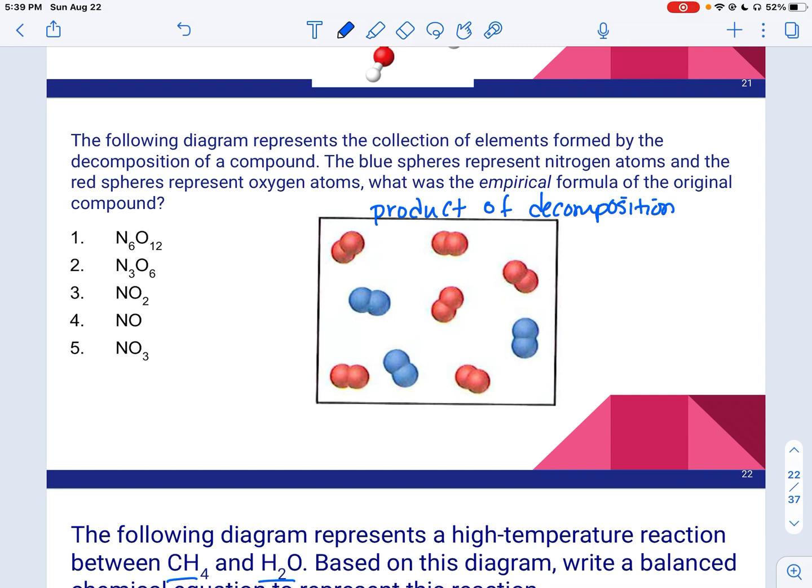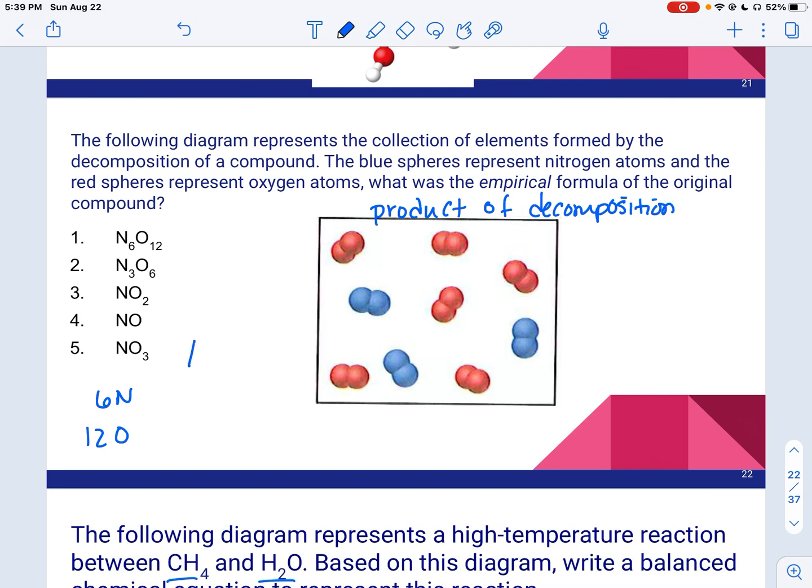So the blue spheres represent nitrogen, the red spheres represent oxygen. What was the empirical formula of the reactant? These are the products. What was the reactant? So you can count the number of nitrogens. We have 6. And the number of oxygens, we have 12.